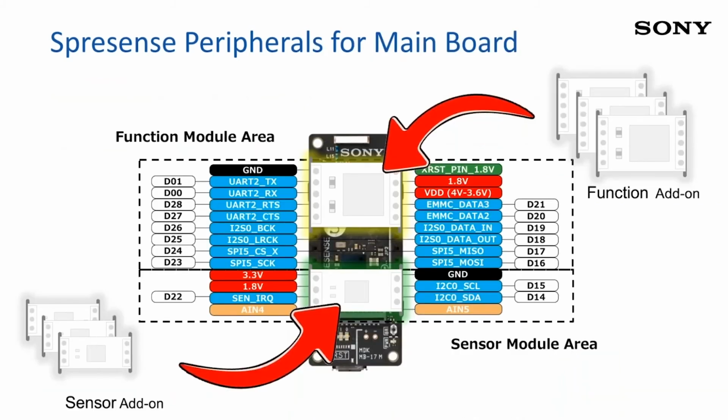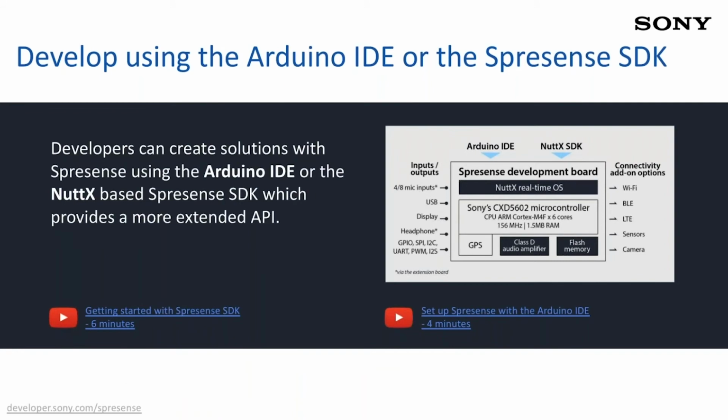So far you have learned about the board and the spec. Now let's see how we can program this board. To do any development with this board, you can use two things: Arduino IDE or Nuttx SDK. Arduino IDE, why? Because it's popular. There are a lot of developers who use Arduino to develop their prototype, and Nuttx is more for advanced users.